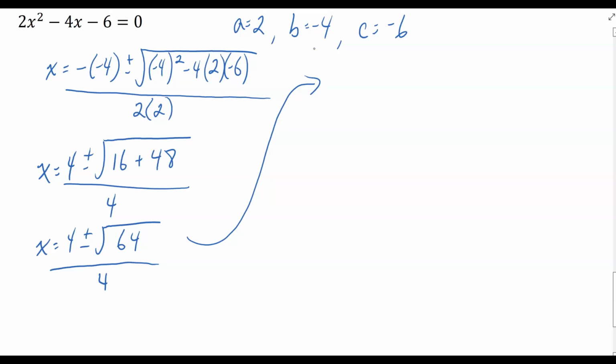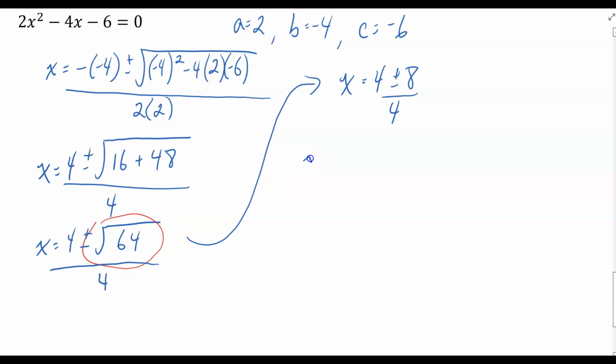As another reminder, if this is not a perfect square, then leave it in radical form and continue with the plus minus and go into decimals. Okay, we're not seeing that happen right here. So x equals 4 plus or minus 8 over 4.